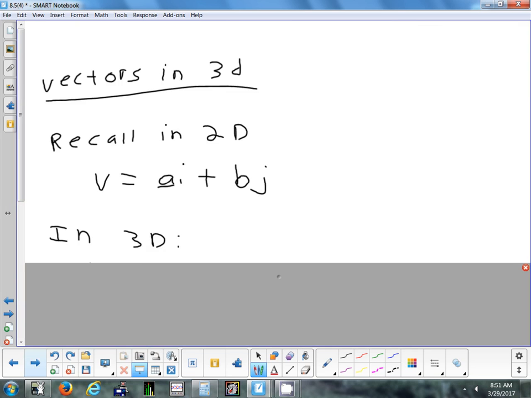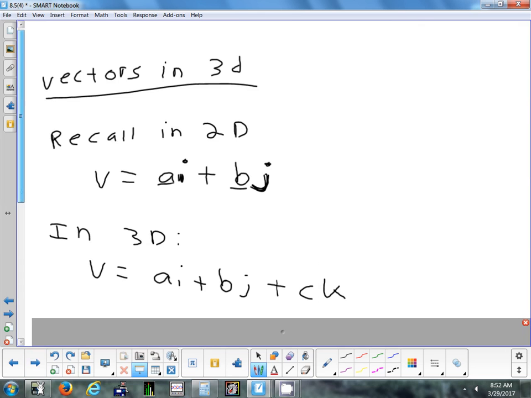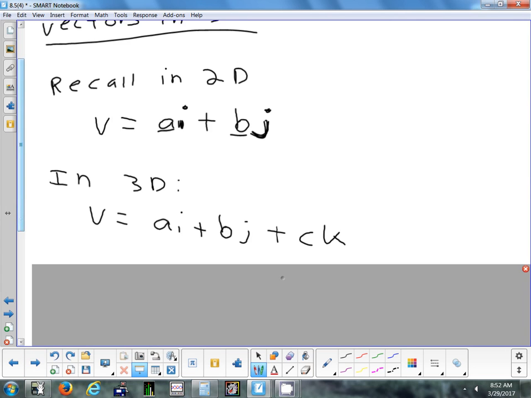So A is the x-axis component, B is the y-axis, C is going to be the z-axis, but we also need to put a unit vector with it so that you know it's the z-axis. So I is the unit vector for the x, J is the unit vector for the y, and K will be the unit vector for the z-axis.